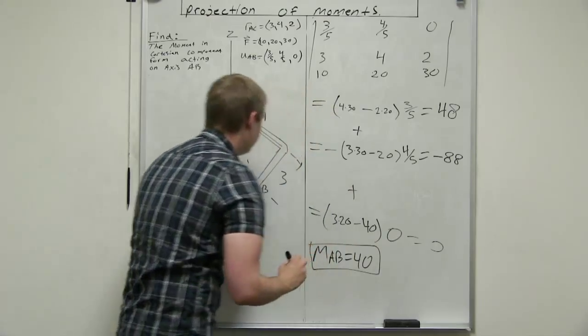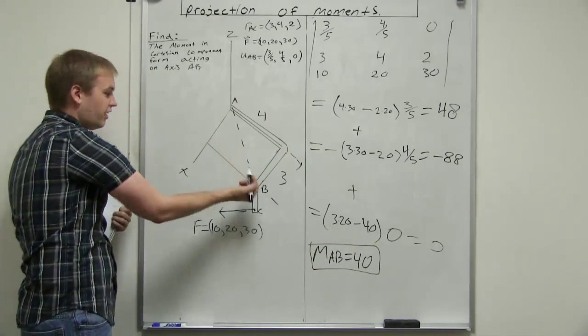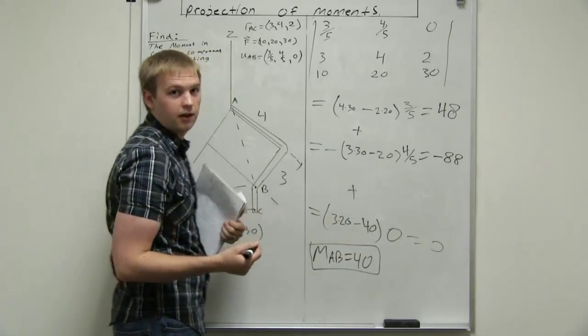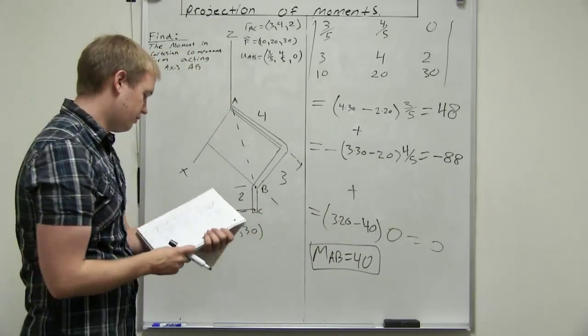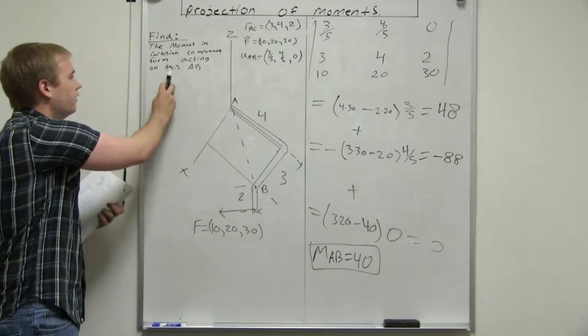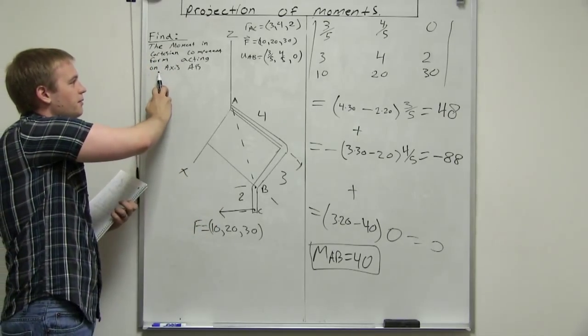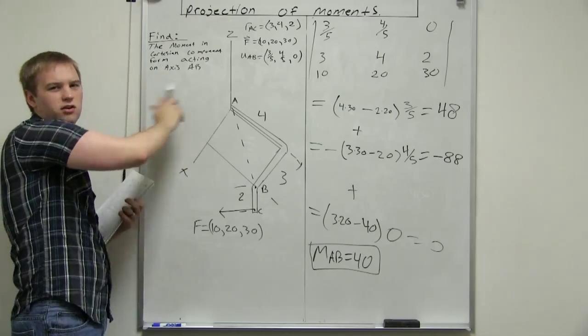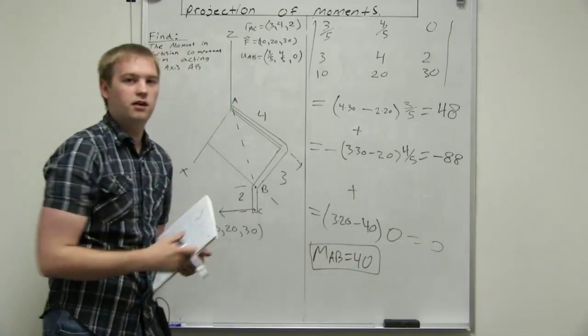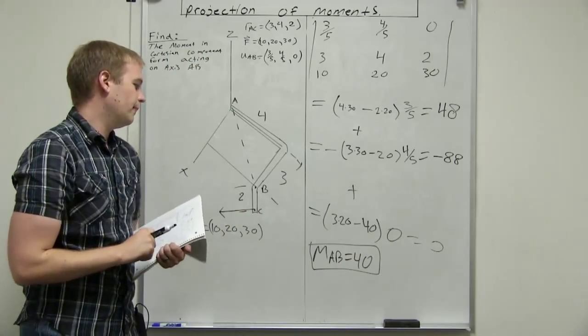So the moment that is projected onto this axis AB is 40 in whatever units we're using. We're not specifying that right now.